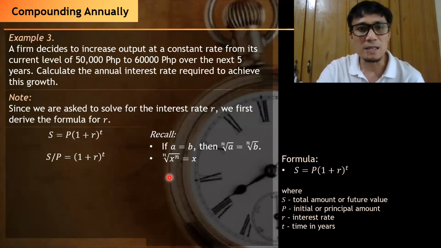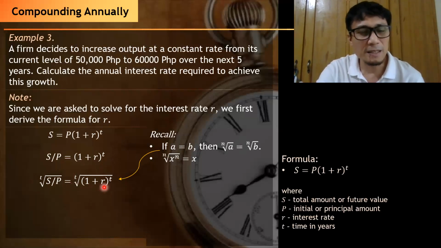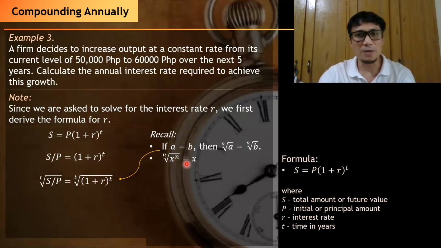Okay, first using the first property, we express both sides as the T root of the left hand side and then the right hand side. Then notice the right hand side here. This is actually very similar to the form of the second property.